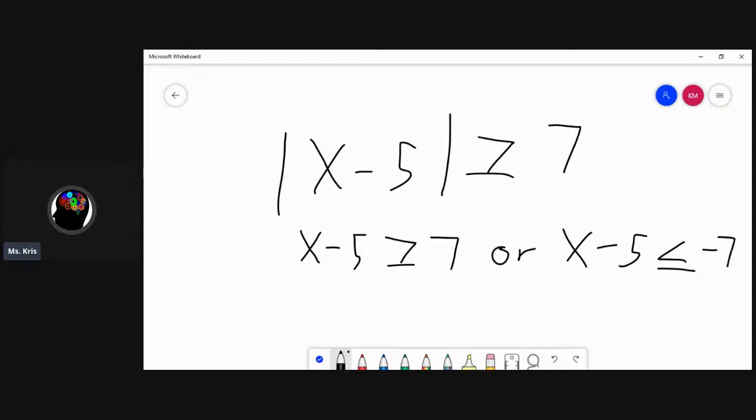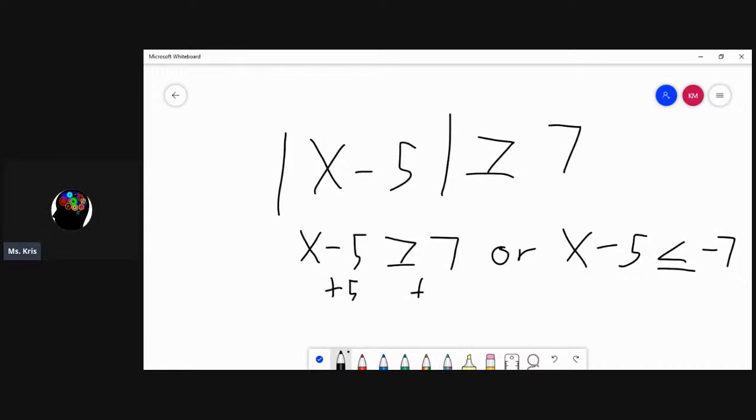Now, the greater than or equal to, you are doing an or statement. The greater than symbols will give you an or statement. The less than symbols will give you an and statement, or compound inequality. We'll touch on that in a minute.